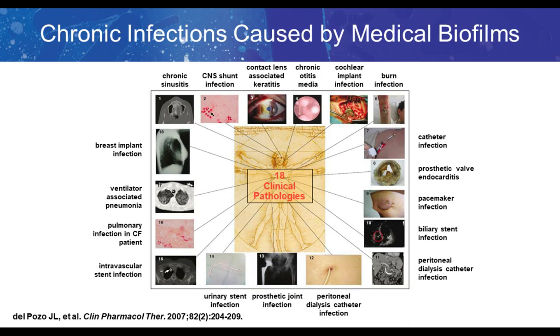Well, biofilms are not present just in chronic skin wounds, and this excellent review by DePozzo and colleague Patel in 2007 listed 18 different clinical pathologies that have been robustly identified as having biofilms that contribute to the chronic inflammation. And just a couple of examples of these. For example, chronic sinusitis is a biofilm-based infection that causes inflammation in our sinuses on the surface and under the surface of the sinus mucosal epithelium.